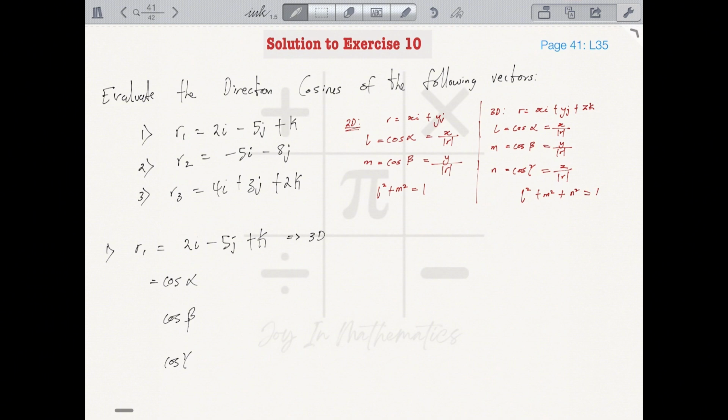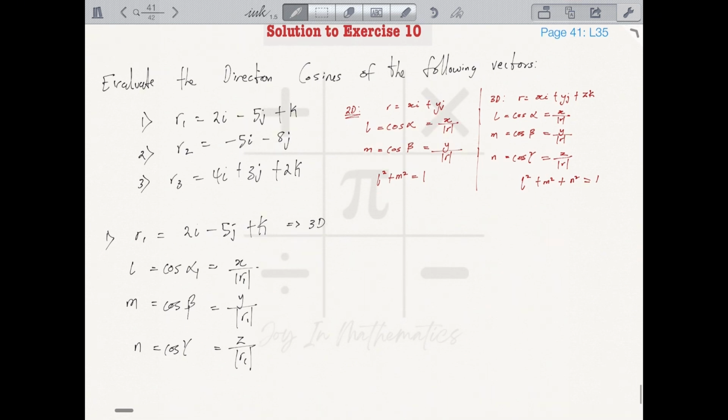Cos alpha is L, cos beta is M, cos gamma is N. Cos alpha is equal to x divided by the modulus of r1, cos beta is y divided by the modulus of r1, and cos gamma is z divided by the modulus of r1. Since we are dealing with r1, we can call these alpha 1, beta 1, gamma 1.